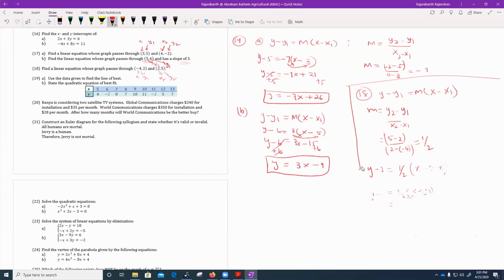Now distribute the half: half x plus half times 4 is 2. Can you simplify this? You will get y equals half x plus 2 plus 2, so it is 4.